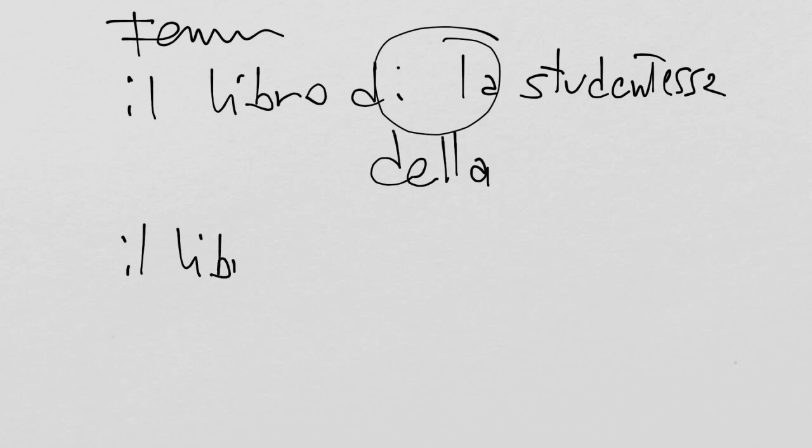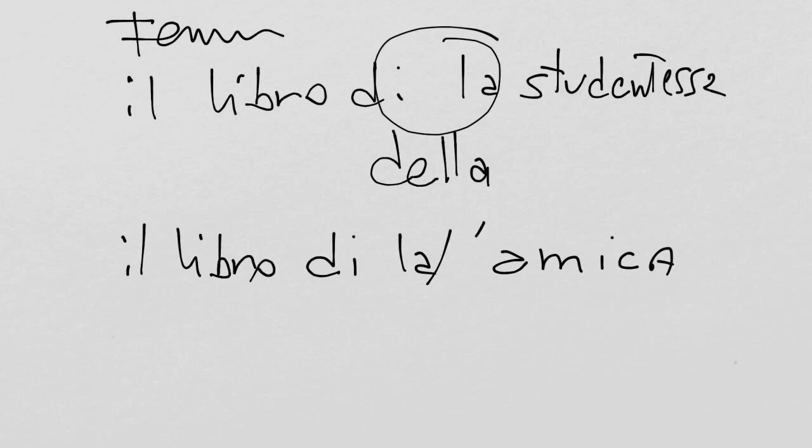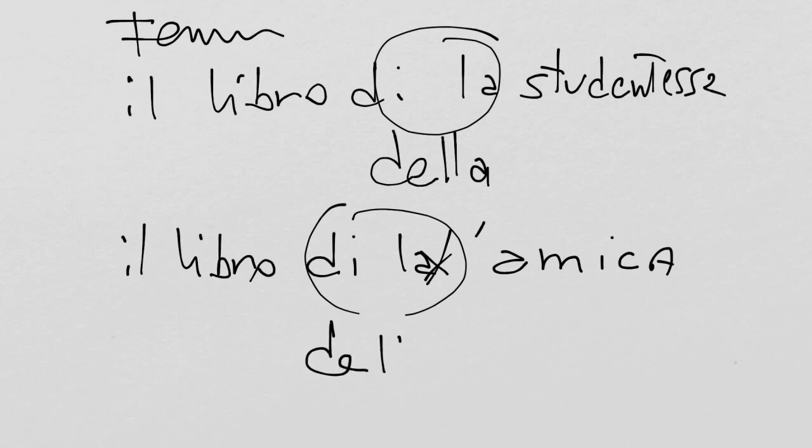We have the contracted form of the article, l'apostrophe. Il libro di la amica. At this point I'm sure that you know that the outcome is dell'amica, double L apostrophe.